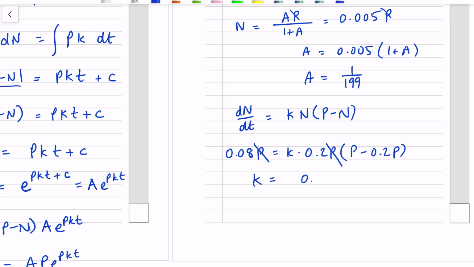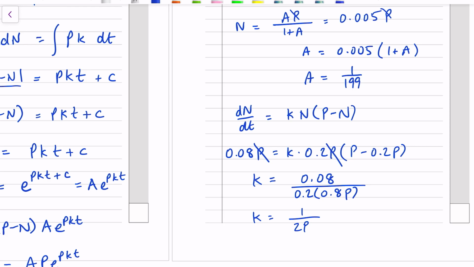K is equal to 0.08 over 0.2 times p minus 0.2p, 0.8p. 0.08 divided by 0.2 multiplied by 0.8 gives us a half. So we've got k is equal to 1 over 2p there. Be careful, there's still a p. We haven't actually found the number of it yet.